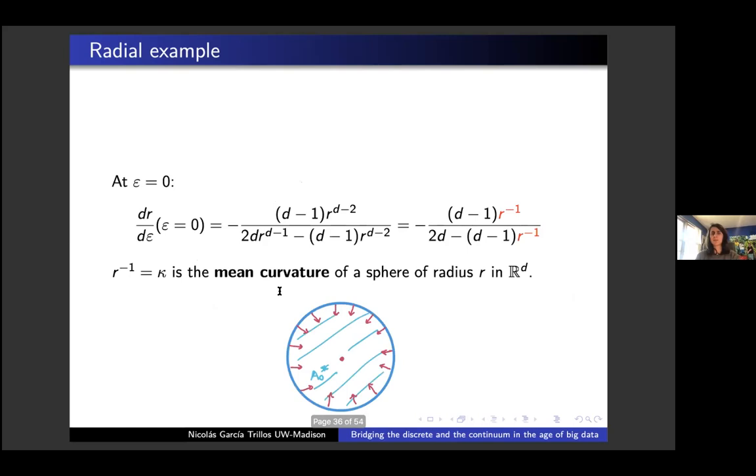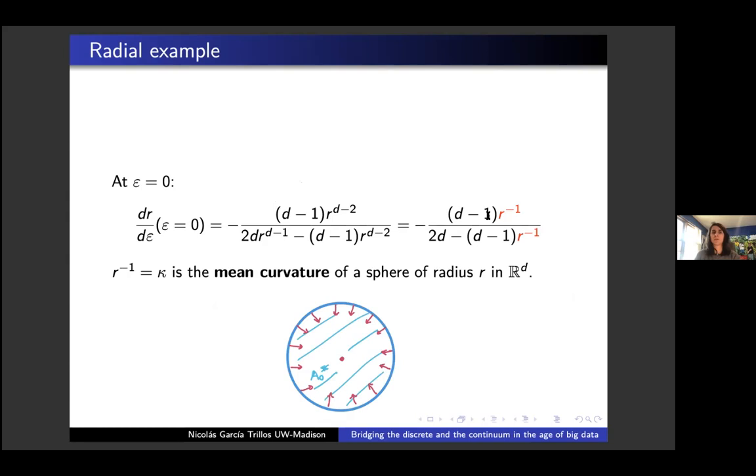But at least when you set epsilon equal to 0, you get a pretty explicit understanding of how this radius is going to start changing as soon as the process starts. And you can see that this derivative depends explicitly on curvature. Let's recall that for a sphere, the mean curvature is connected to the reciprocal of the radius. And this is what we see here.